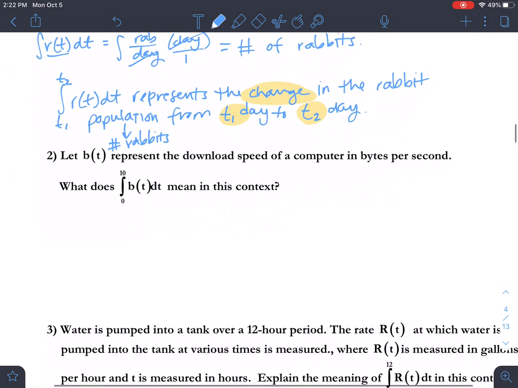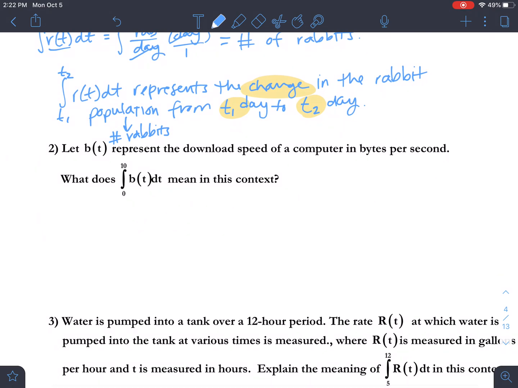All right, let's try one more. It says b of t is the download speed of a computer in bytes per second. So b of t is in bytes per second, and then dt is in seconds. So what does the integral from 0 to 10 of b of t dt mean?